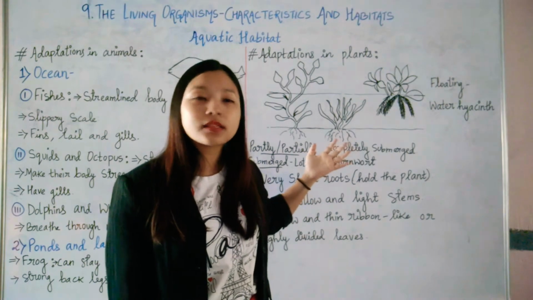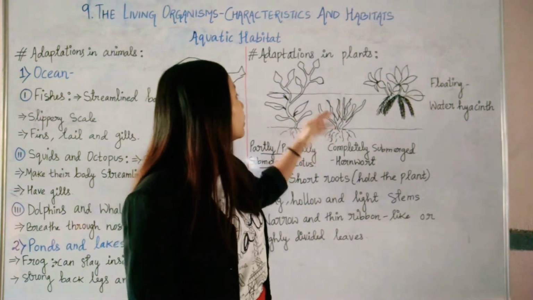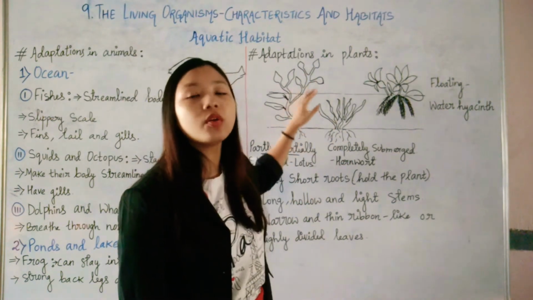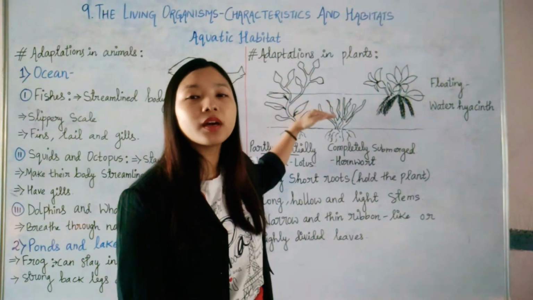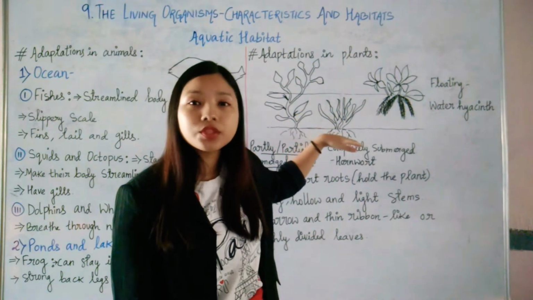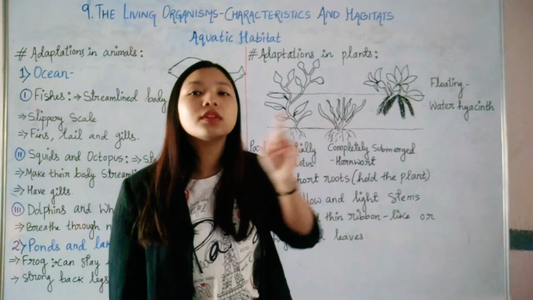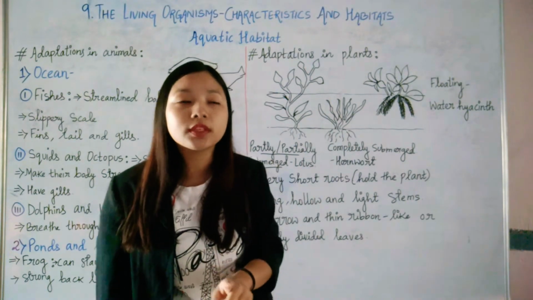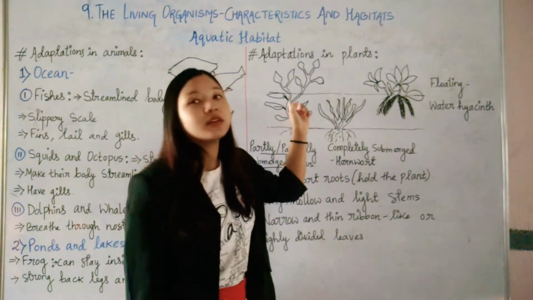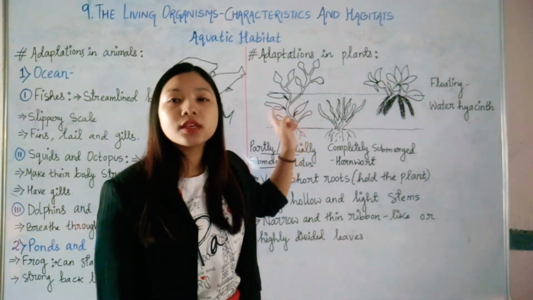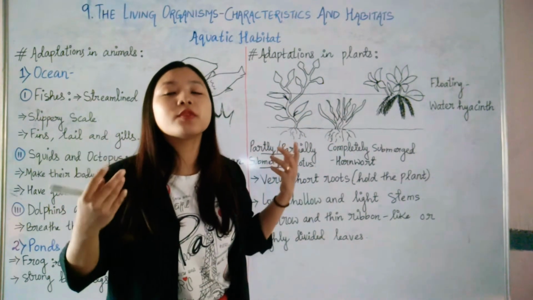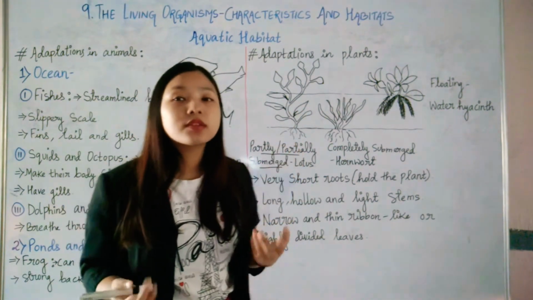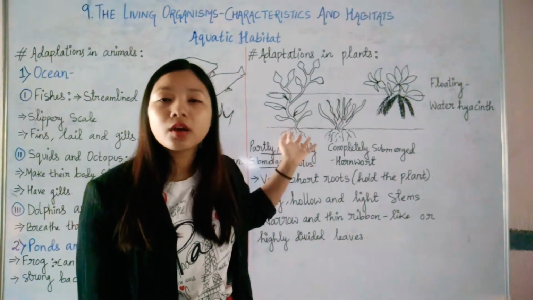But in these cases, especially in these two, the whole or at least half of the plant is completely submerged in the water itself. So they don't need the root for absorption. The stem, leaves, branches themselves can directly absorb the water and minerals from their surroundings.